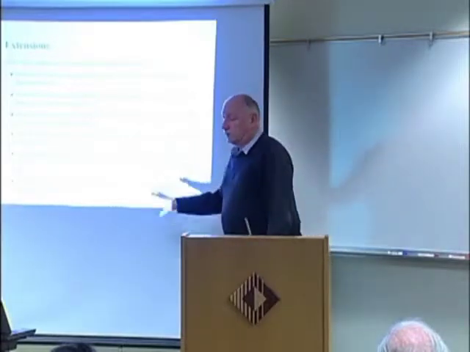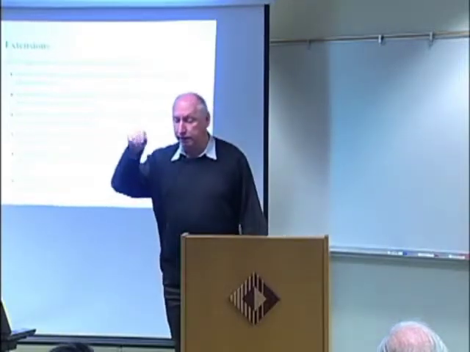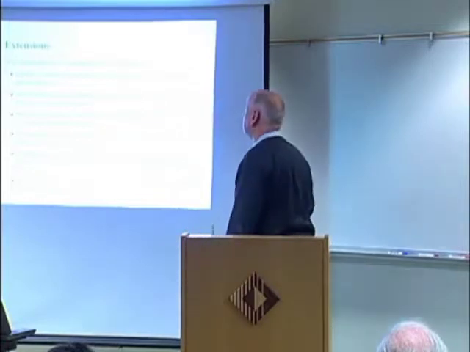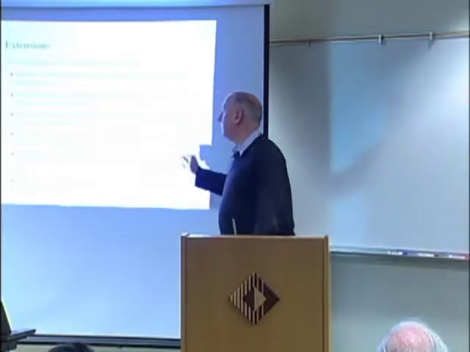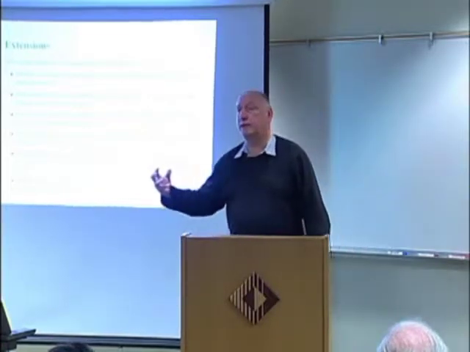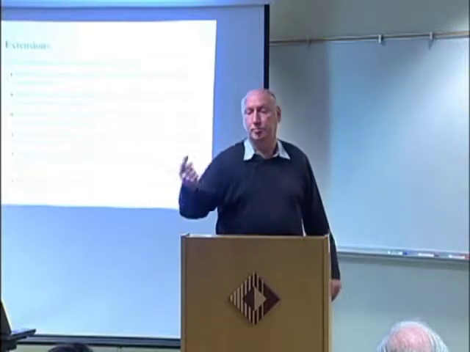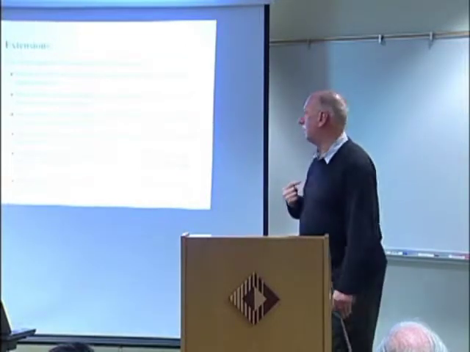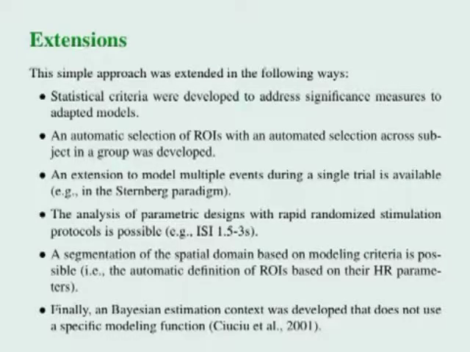You don't need to go with hand-driven or automatically drawn ROIs, but you can guess that from the data. So you can do, say, per-voxel-based modeling and introduce an automatic segmentation on the parameters that you get.